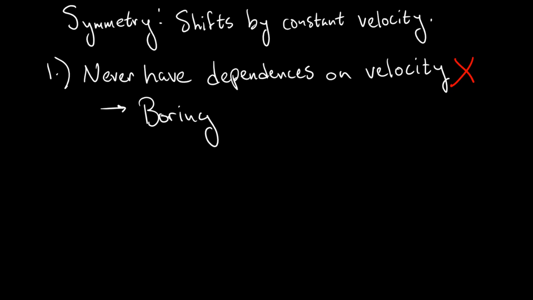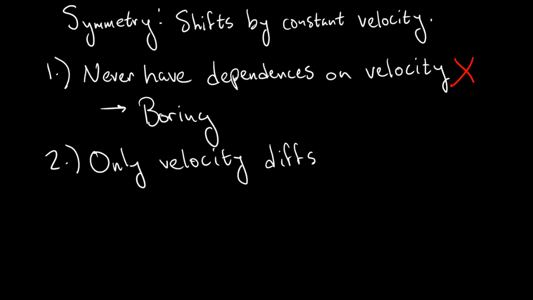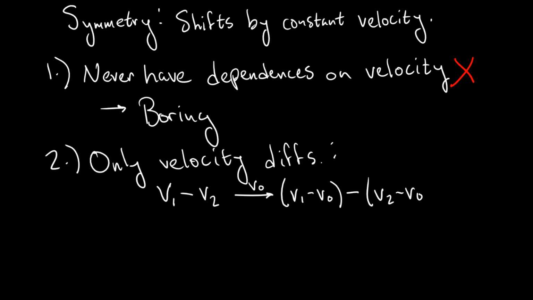So another case to think about is if we only ever have velocity differences. So say I have two velocities, v1 and v2. All of my equations are built out of things like v1 minus v2, then when I shift by some constant velocity, all of my velocities get shifted by our Galilean transformation, v1 minus v naught minus v2 minus v naught.